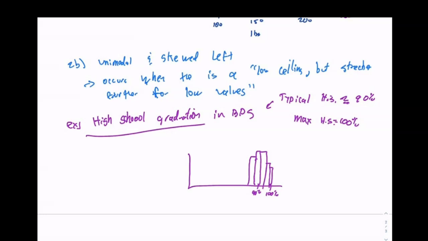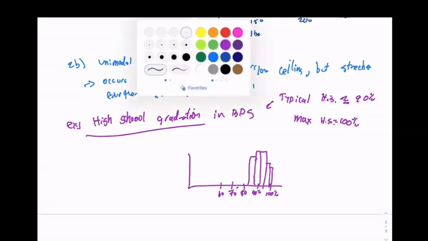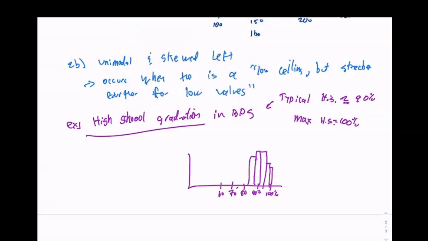There's a lot of schools that are in trouble because their graduation rates are, let's say, 80, 70, 60. There are schools that have 80, maybe not as many. There are schools that have less than 80. There are some schools that have around 70. There are a little bit of schools that have around 60%. There may be even some schools that have 50% or lower.